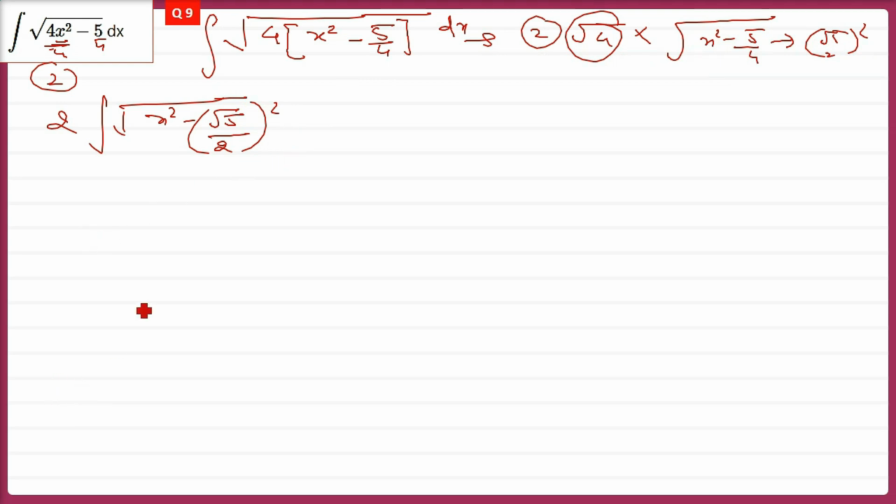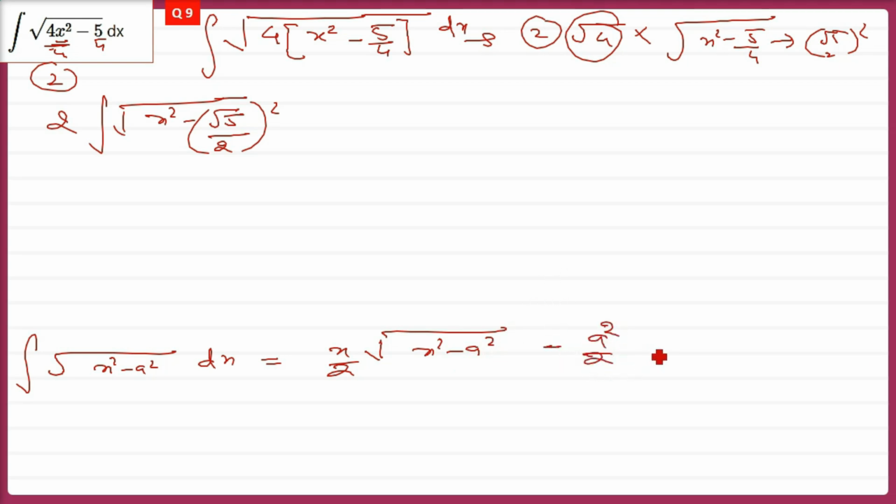Now let me write the formula here somewhat below so that you can see when I apply it. It's x by 2 under root x square minus a square, minus a square by 2 ln log base e of x plus under root x square minus a square, plus a constant of integration. This 2 we are going to deal with just now. In place of x, put x.